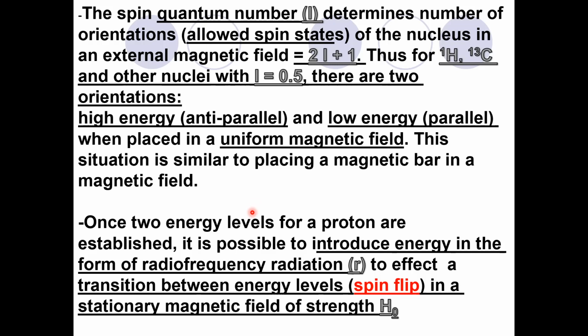Once we apply a magnetic field, there will be two energy levels for protons. It is possible in this case to provide radio frequency which will cause transition between these energy levels, and spin flip will happen. And thus we can observe NMR signals.